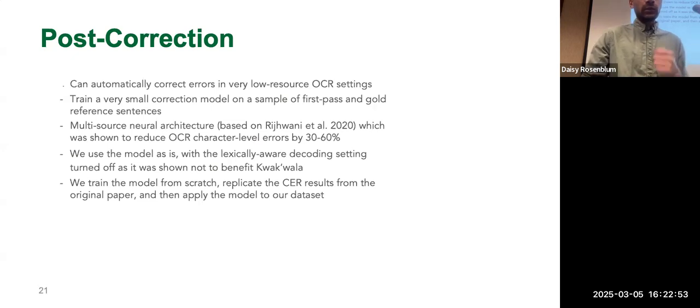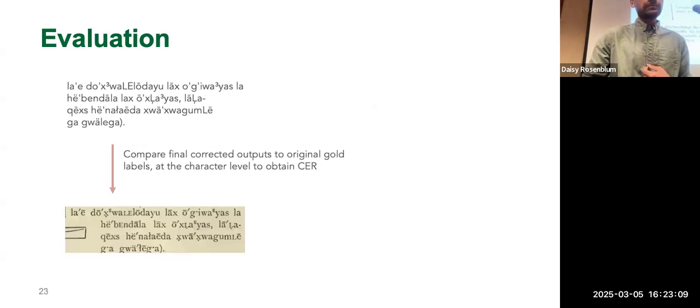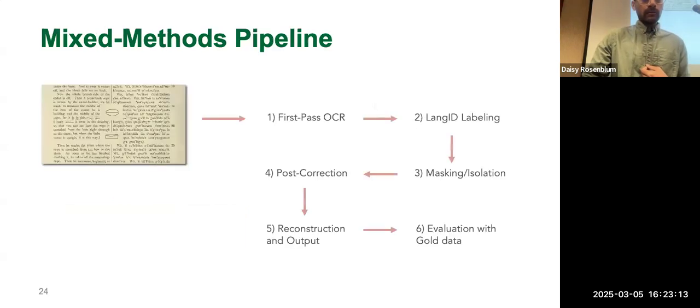And like I said, we trained the model from scratch to replicate everything and then apply it to our data set. And then we reconstruct it. We convert specifically the Kwakwala text into the modern orthographies using the D2P models that Shruti and Cedar Lab used. And then we evaluate.